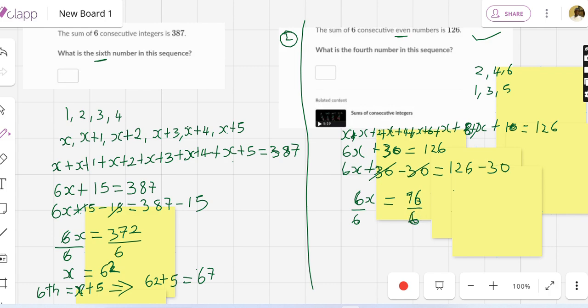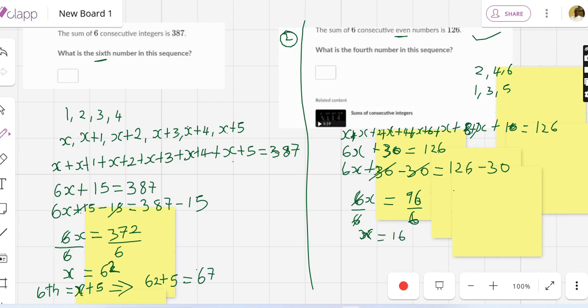So 96 divided by 6. What should the answer be? 96 divided by 6, and that's 16. So our x is equal to 16.